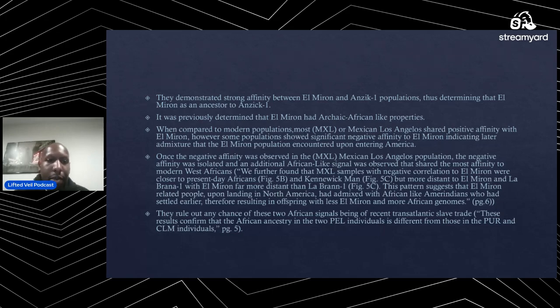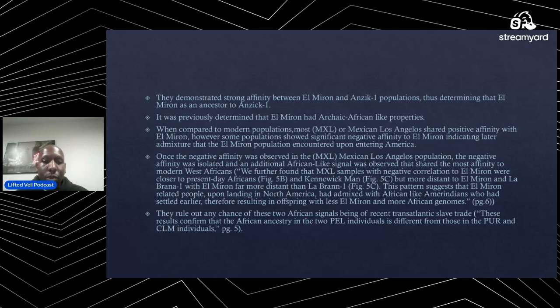However, some populations showed significant negative affinity to El Moran, indicating later admixture that the El Moran population encountered upon entering America. Once that negative affinity was observed in the Mexican Los Angeles population, it was isolated, and an additional African-like signal was observed that shared the most affinity to modern West Africa.